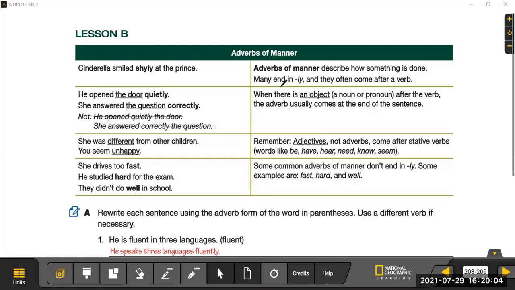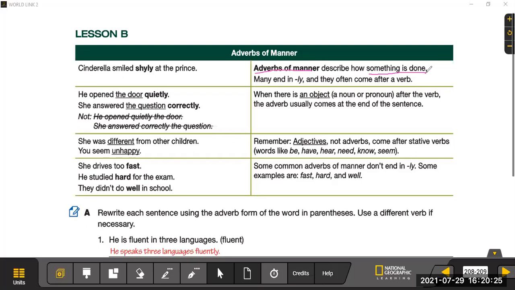So we use adverbs of manner to express how something is done, right? When we say something, most of the time we are referring to an action.